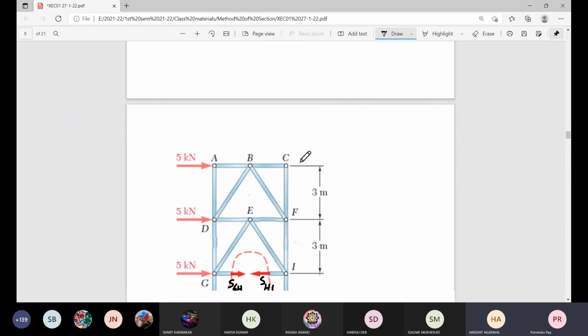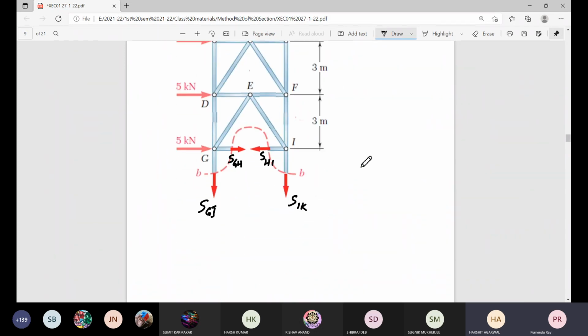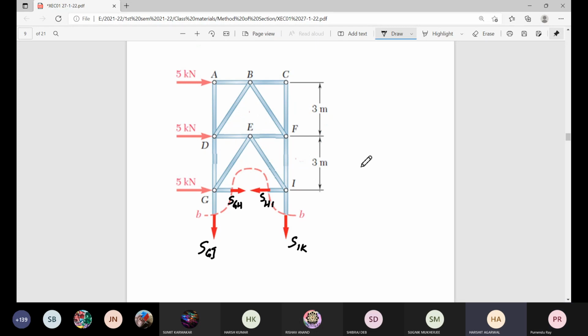So these two member forces you need to eliminate, and normally we do it by the moment equilibrium equation. Now these two forces are horizontal. So if we consider sigma Fy equal to 0, these two are automatically eliminated.